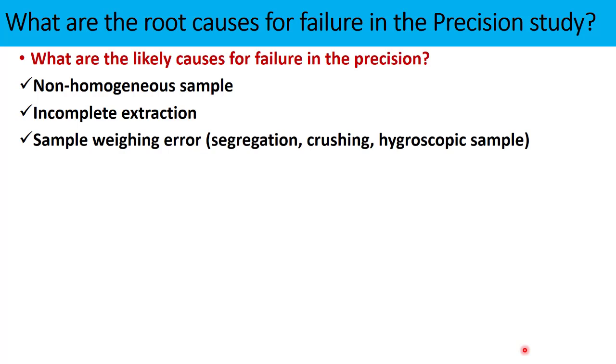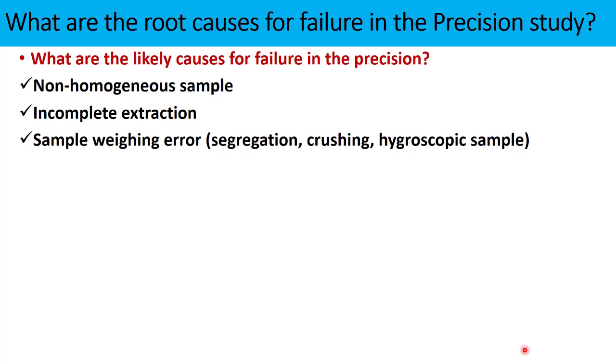The third important root cause for imprecise testing result can be your weighing error. So for example, you have a sample in the form of a powder, and that powder consists of fines and coarser material. So imagine you collect this powder onto a butter paper and you are now transferring this powder onto the balance pan. You have to give a little bit of movement to the butter paper so that the powder can slowly get transferred.